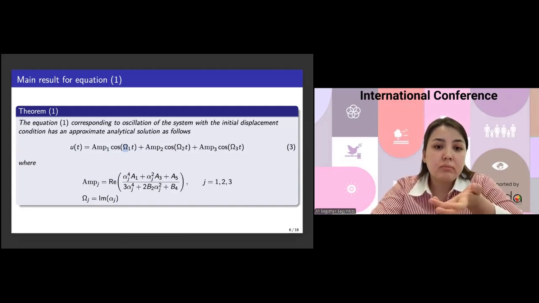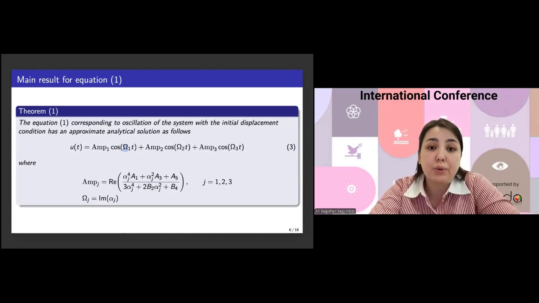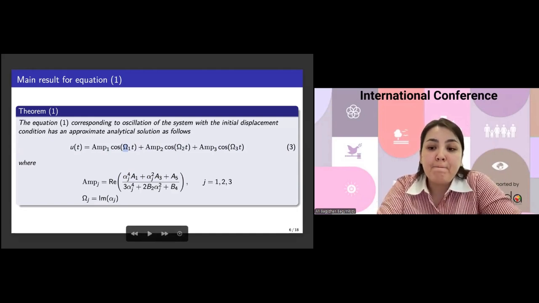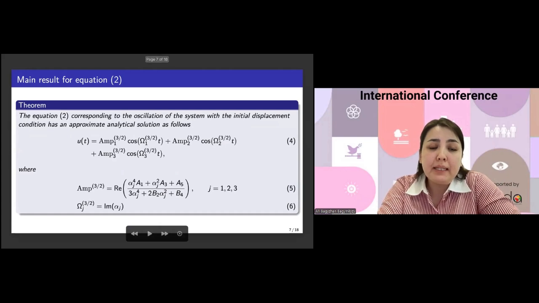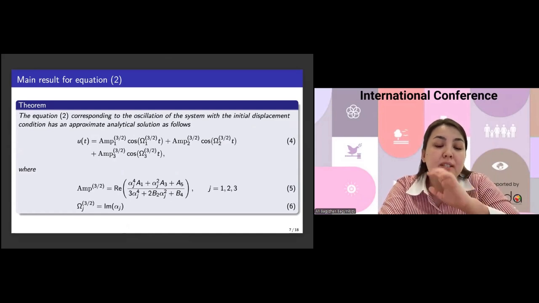As I mentioned before, the important point is that the solution is represented as a combination of oscillation modes. And the second result that we get is for the second equation, with a spherical tip.